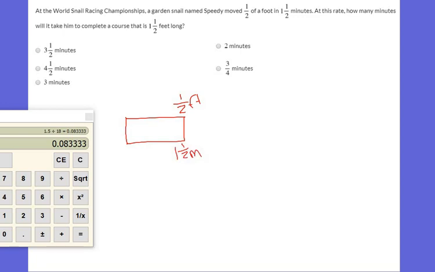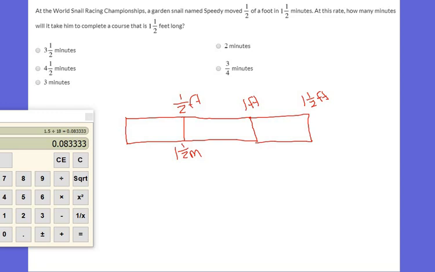He needs to go 1.5 feet. Well, I know 1.5 feet, I need another half. That gives me 1 whole foot. Then another half gives me 1.5 feet. Okay, so there's my bar.